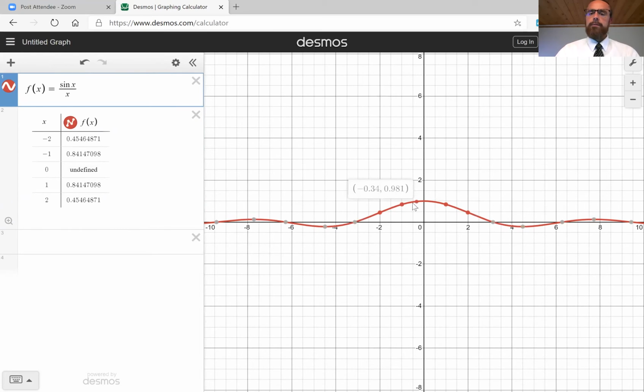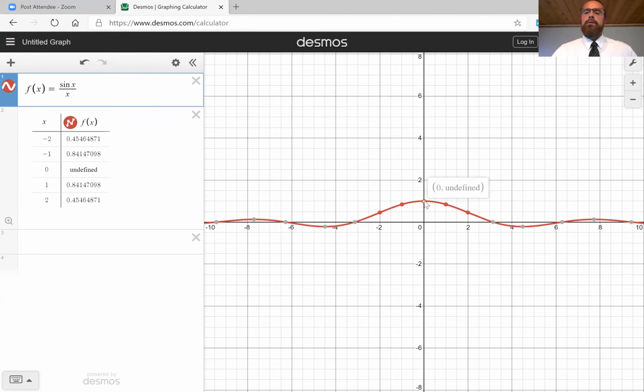If I start from the left and think about it like a left-hand limit, as I approach 0 in the x, the y value is getting closer and closer to what? I'm going to try to bring it real close. At a negative 0.08 x value, the y value is 0.999. What's that getting close to? You can see at negative 0.04, it's at 1.